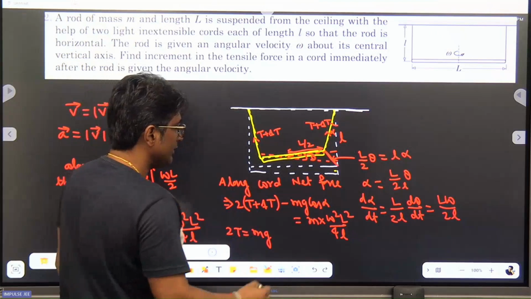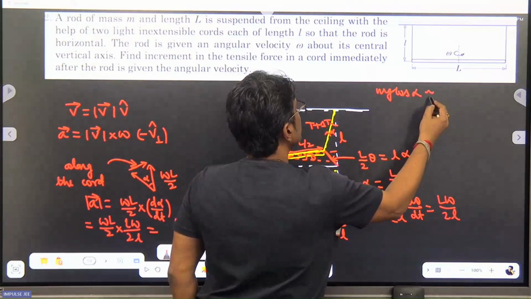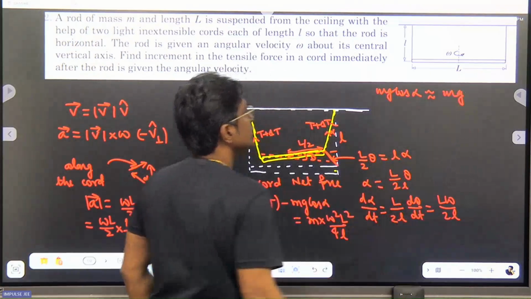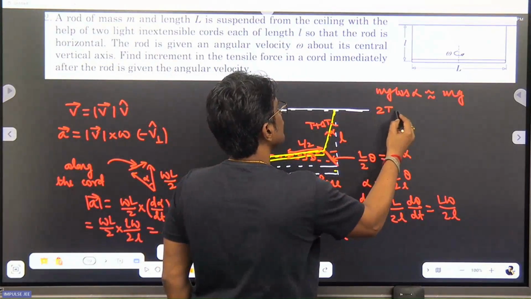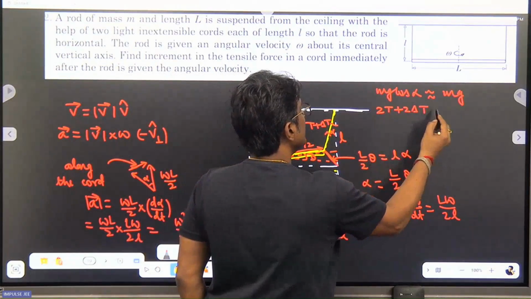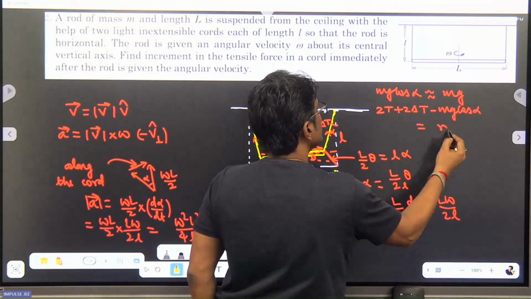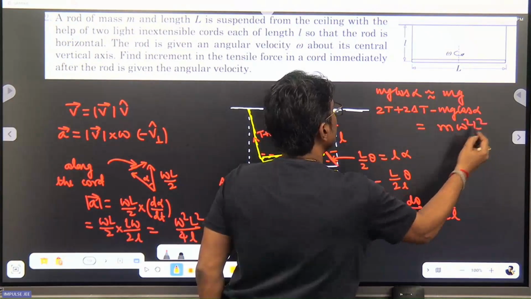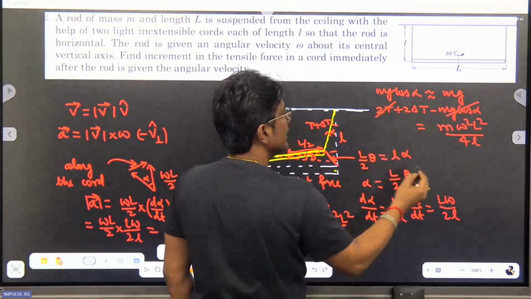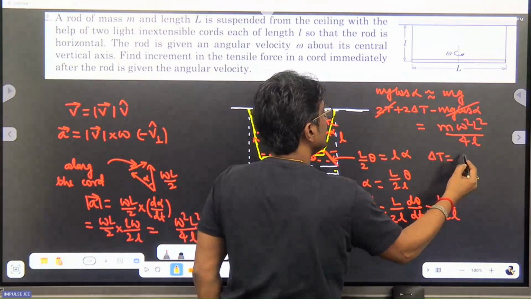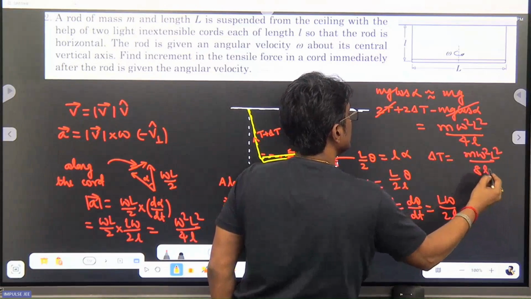So mg cos alpha is approximately equal to mg only, because this alpha is very small. If we solve, 2T plus 2 delta T minus mg cos alpha is equal to m times omega square L by 4, then these 2T and mg get cancelled. So delta T we are getting is m omega square L by 8.